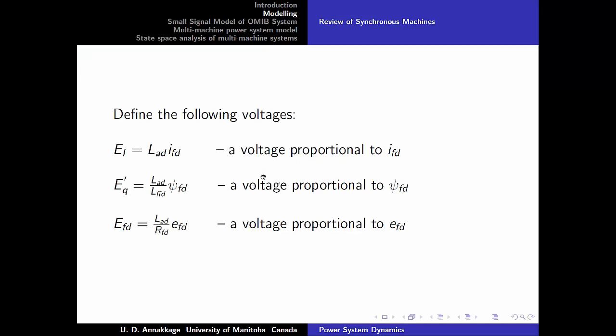We define three voltages. EI is a voltage proportional to the field current IFD. EQ prime is a voltage proportional to the flux in the field winding. And EFD is a voltage proportional to the voltage applied to the field winding, EFD.